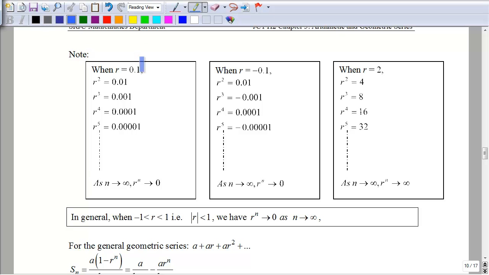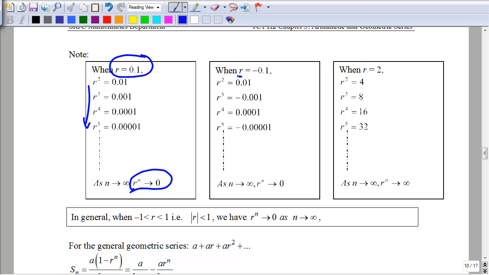Now, when r equals 0.1, a value that is positive and less than 1, we find that as we increase the power of r, the values of r to the power n get closer and closer to 0, approaches 0.